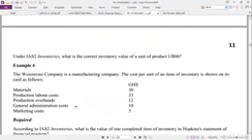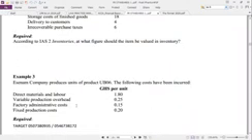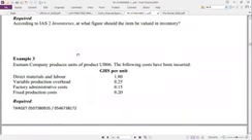Factory administrative cost 0.15. Fixed production cost 0.20. Required, under IAS 2, what is the correct inventory value of a unit of product UB06?